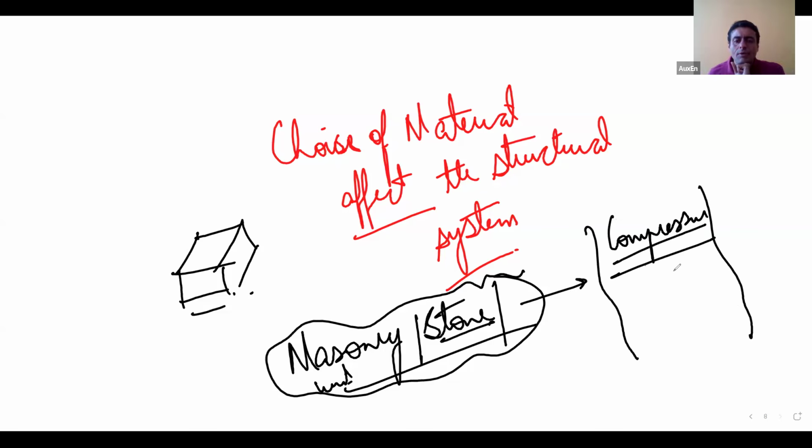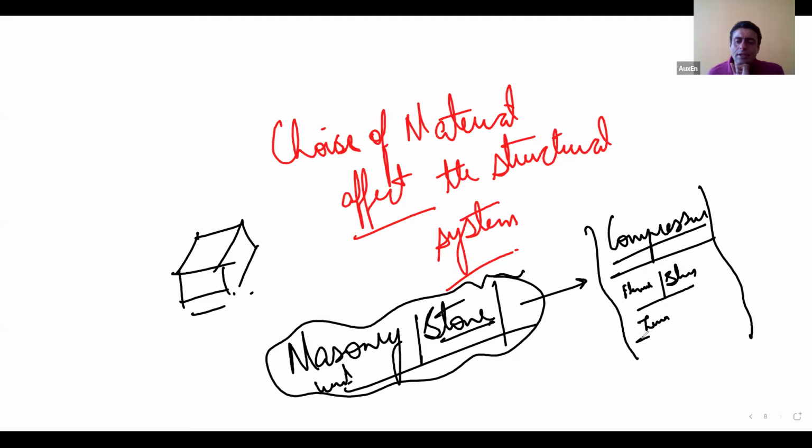Compression will be the only major design action. To a certain extent, bending and shear, but the resistance that my masonry units or stone can offer to bending and shear is very minimal.